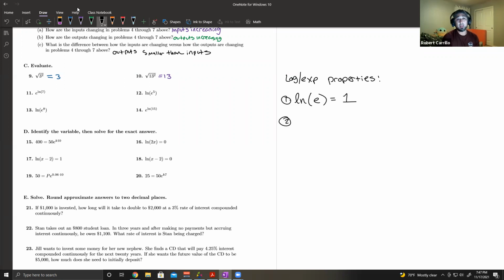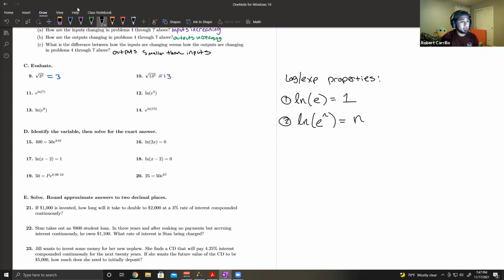Property 2: if you have the natural log of e raised to any number, then the natural log and e will cancel and you'll be left with that number. That would be for 12 and 13.